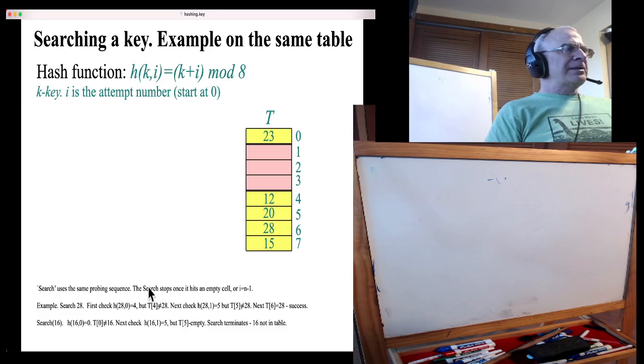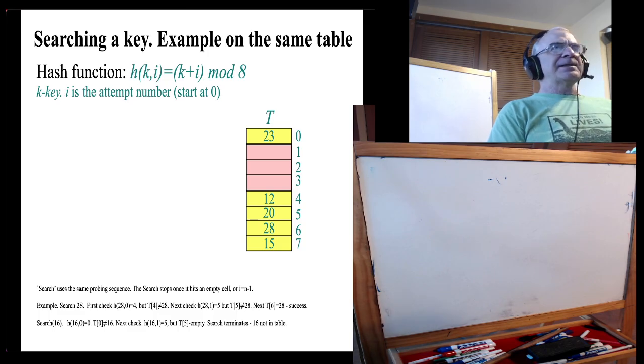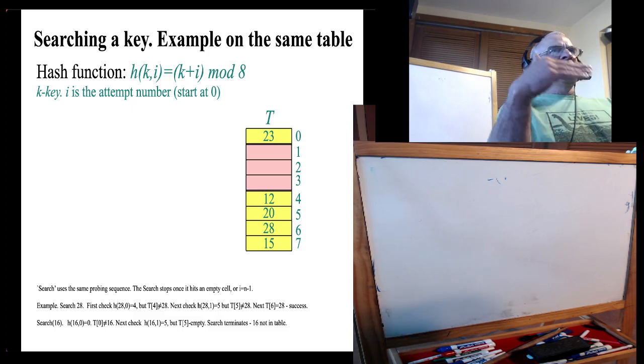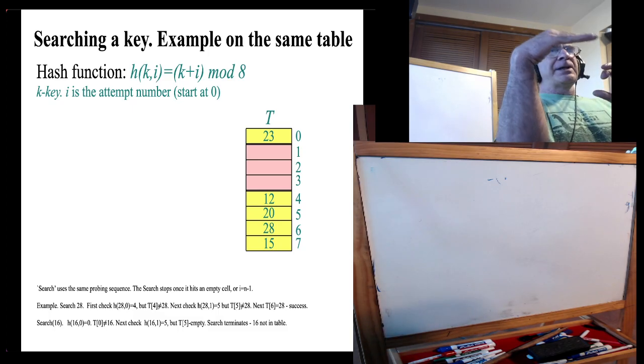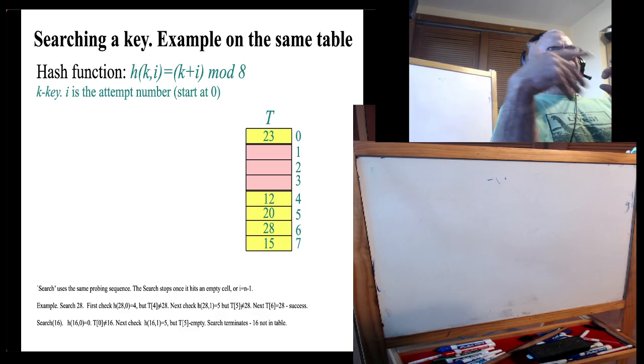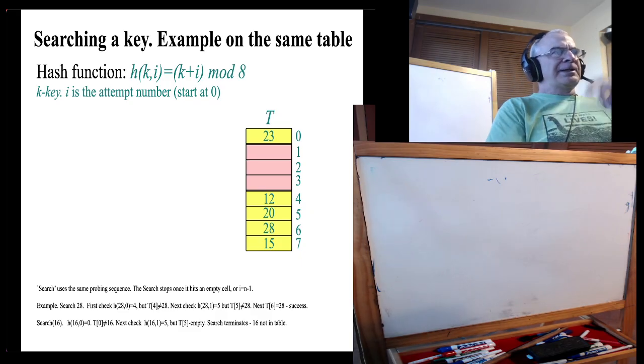When will I stop the search? I'll stop the search either when I find my key or alternatively when I hit an empty cell. How come? Because if I hit an empty cell, it means that I tried all the natural places at which this key would have lived, and none of them contain the key. Let's see how it works.